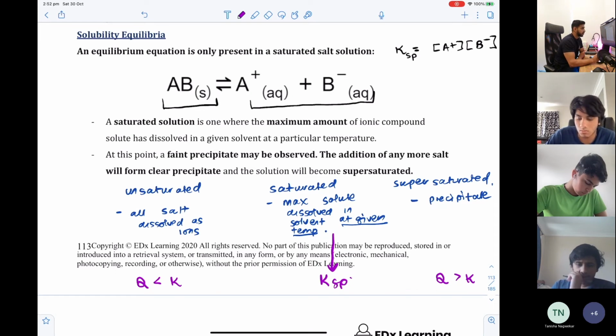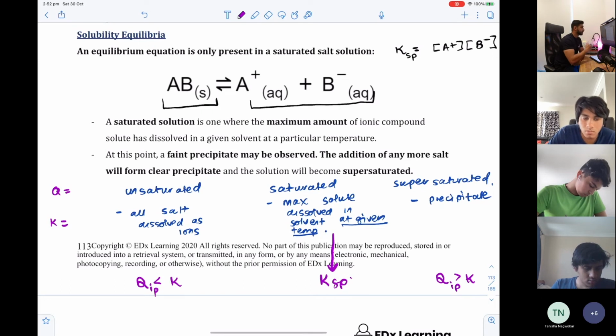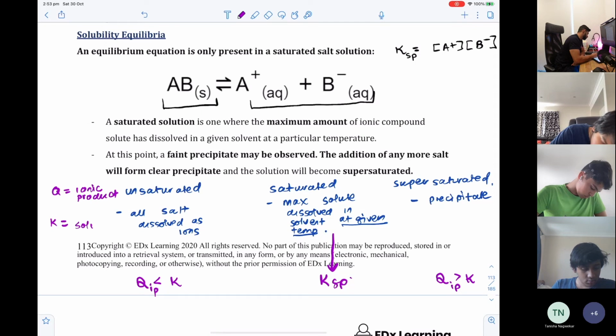Now I'm just going to add one level of detail here, everyone. When we refer to Q, or the reaction quotient, when it comes to ions, we call it the ionic product, or you might see the word IP written next to Q. This is just in your exams, you will see these words being written. So Q is called the ionic product. K is your solubility product.